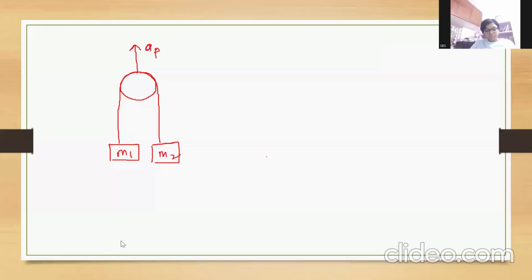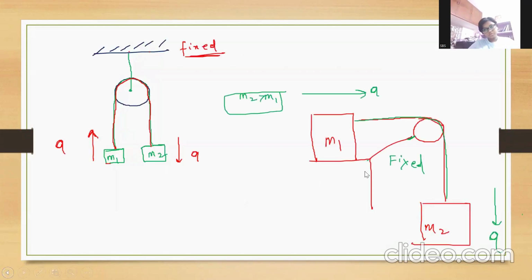See, what I've explained, one minute, I will explain you. Now you can check, here also the pulley is fixed and the bodies are moving along a string. In the second case, you can check A acceleration here, A acceleration here.